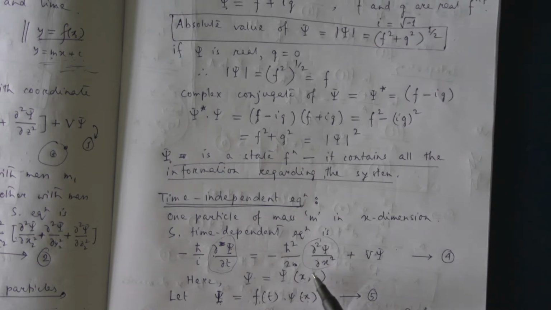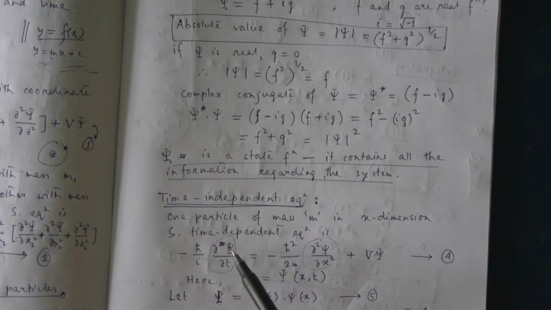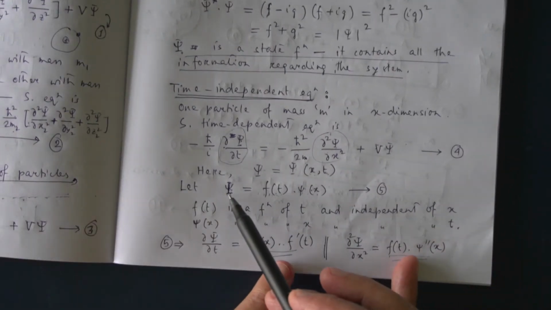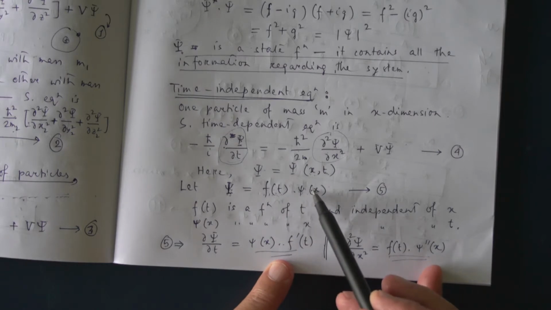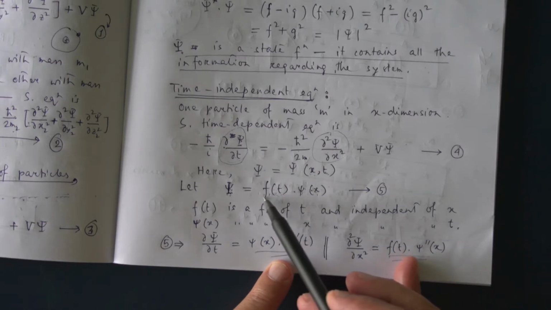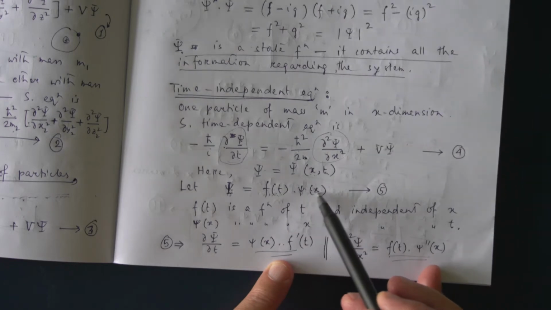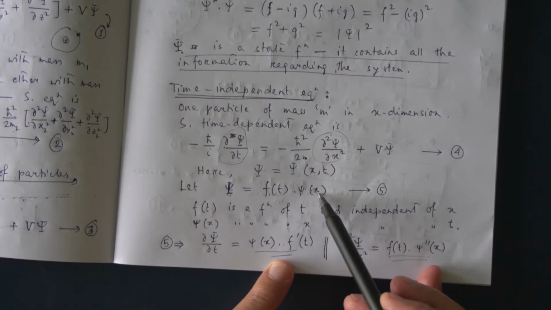Here we have two variables, so we will separate the equation into two equations. For that, first we assume the wave function to be a product of two independent functions. One function is independent of x, the other is independent of t.